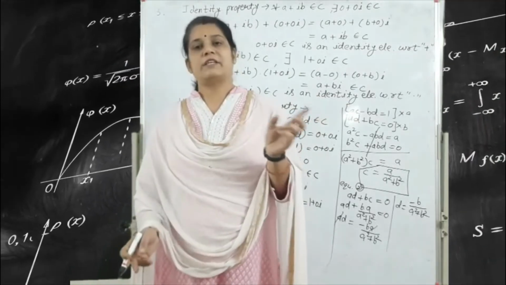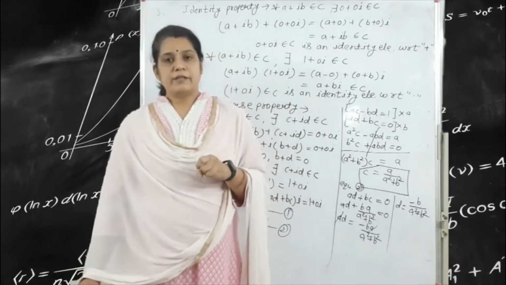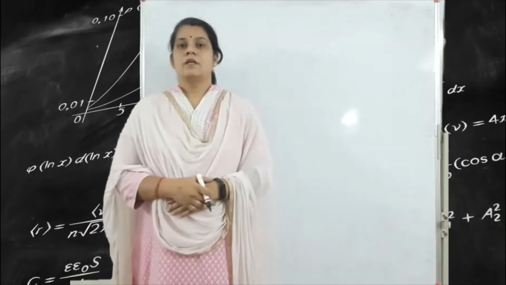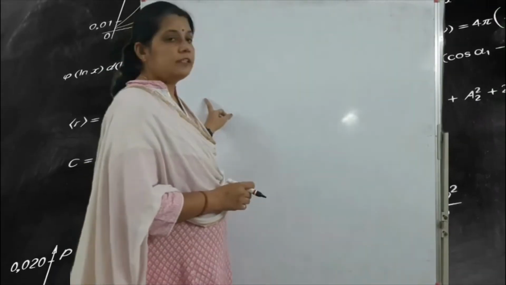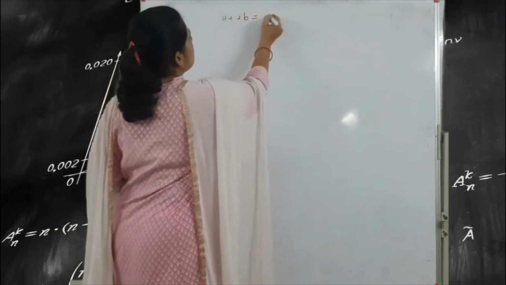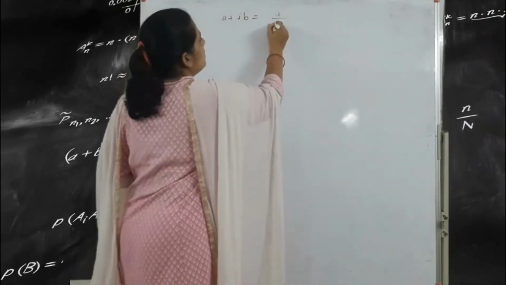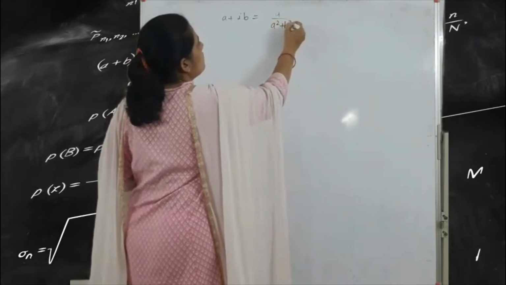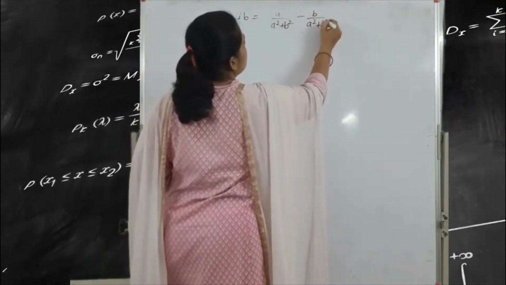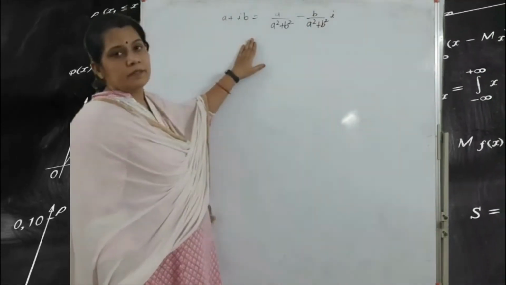And according to multiplication, Z1 into Z2 is equal to Z2 into Z1. So we write here the inverse property: A plus iB inverse is equal to A upon A square plus B square minus B upon A square plus B square i. Okay, so this is the inverse property.